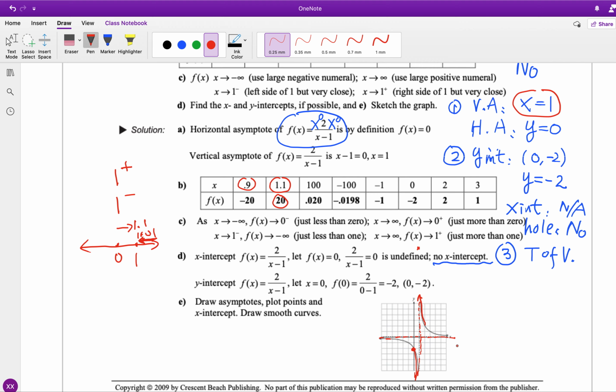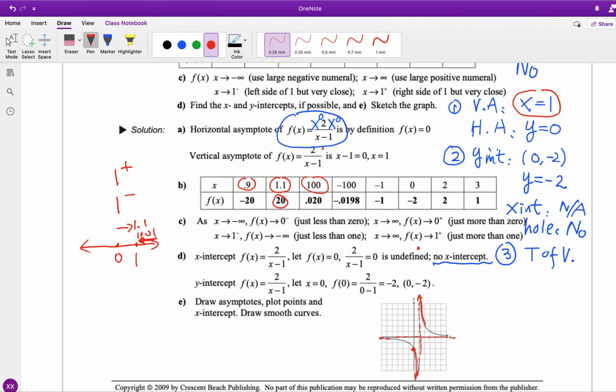All right? Now, you also want to find a very large x value. So for a very large x value, we try 100. If this is 100, 100 minus 1 is almost just 100, you can just treat it as 100, because the larger x is, this minus 1 becomes very insignificant.